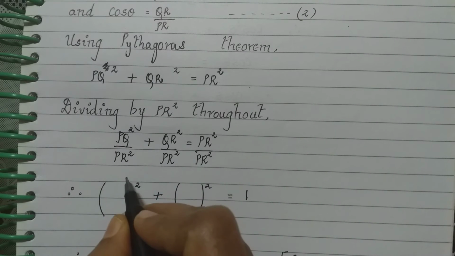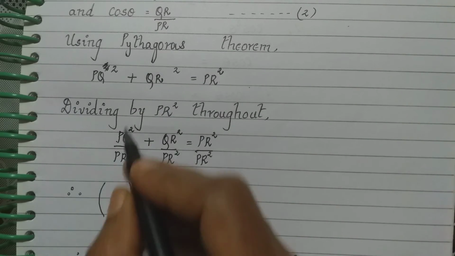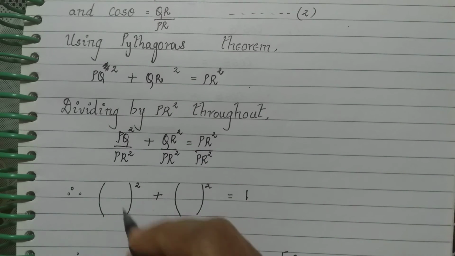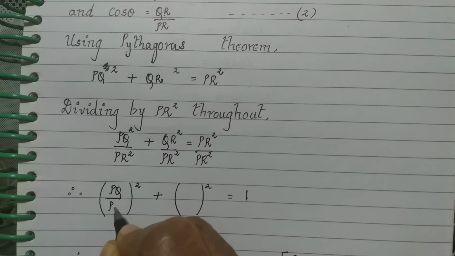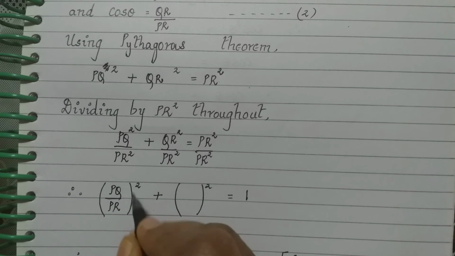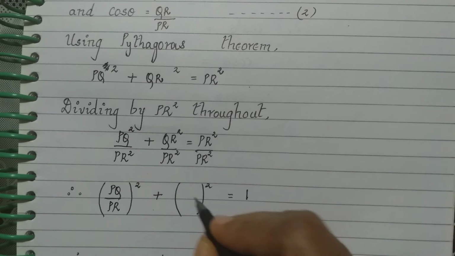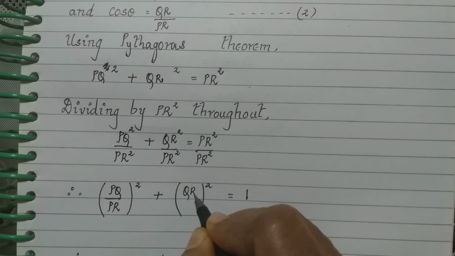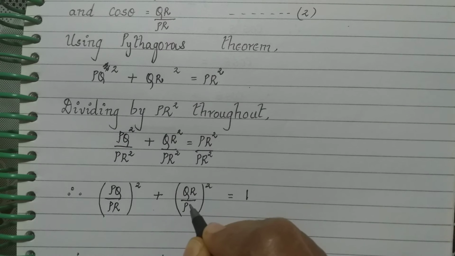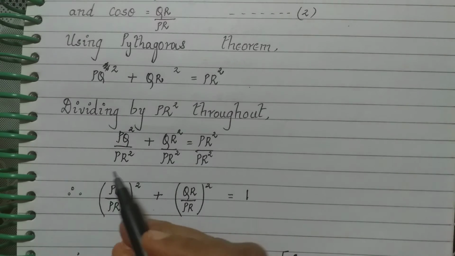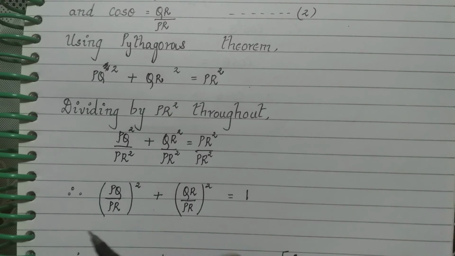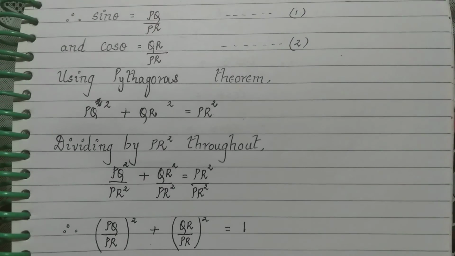Now here this is PQ square upon PR square. So we can write this as PQ upon PR the whole square. Same thing happens here. We write QR upon PR the whole square is equal to 1. Now we look at the figure and identify what is PQ upon PR.